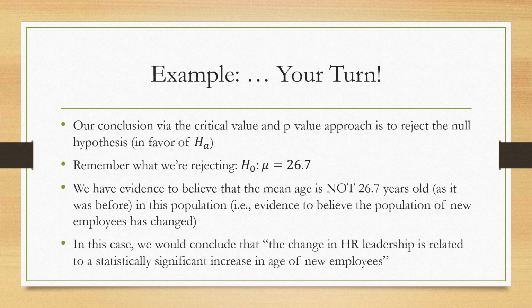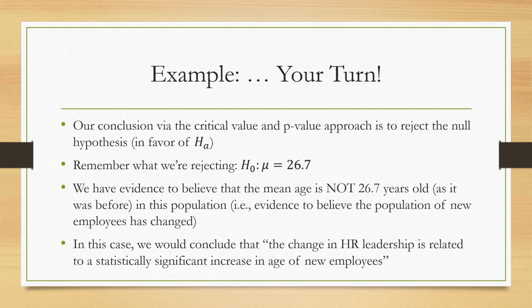So for instance, one case where we might want to say this is, well, there's changes in the hiring practices of this new HR leadership that's leading to this. That is, HR leadership is implementing policies that are causing ages to be higher than what we had previously. And that is not necessarily supported here.